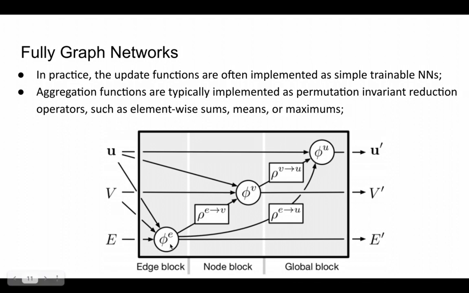First, the edge block. In the edge block, the update function of the edge is applied, followed by the node block to update the node. The updated edge and vertex will be aggregated with the global attribute to update the final global attribute.